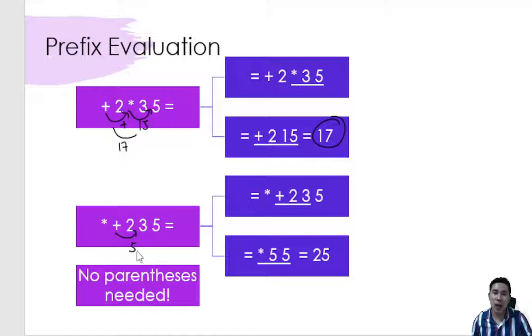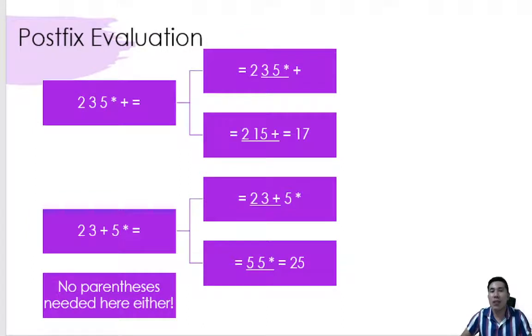So 2 plus 3 is 5, and then followed by the multiplication, which is 5 times 5, which is 25. So in prefix evaluation, there is no need for parentheses. The same thing with postfix evaluation. There is no need to put parentheses.